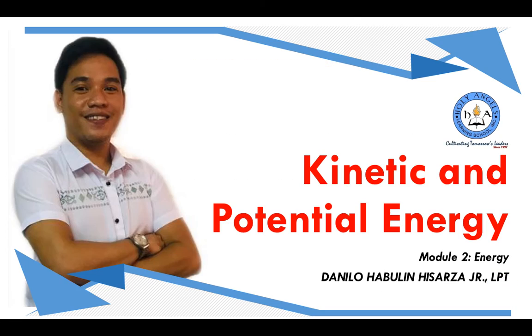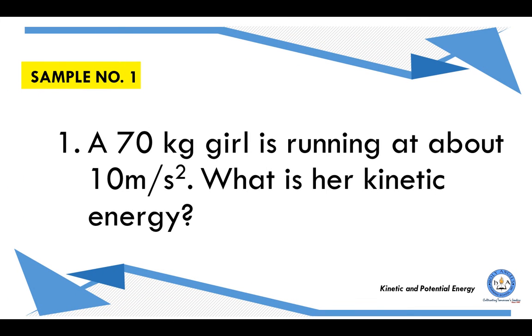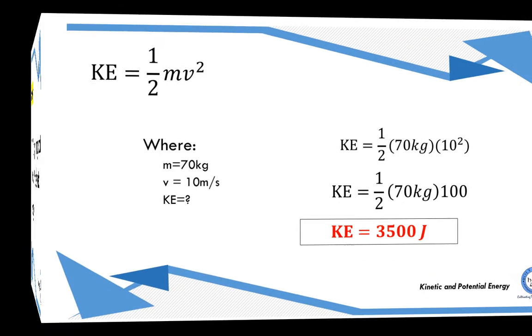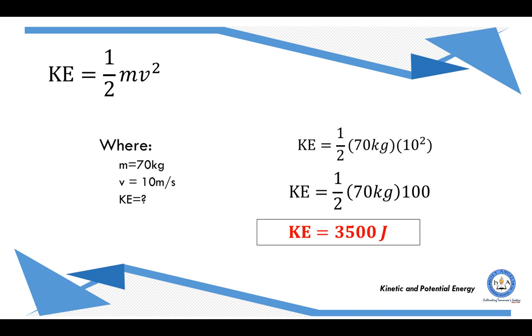And now let's proceed to the sample problem and its computation. For kinetic energy, number 1, a 70-kilogram girl is running at about 10 meters per second. The question is, what is her kinetic energy? The givens are 70 kilograms for mass and the velocity is 10 meters per second. Let's substitute these into the formula shown here. Kinetic energy equals 1/2 times 70 kilograms times 10 squared.